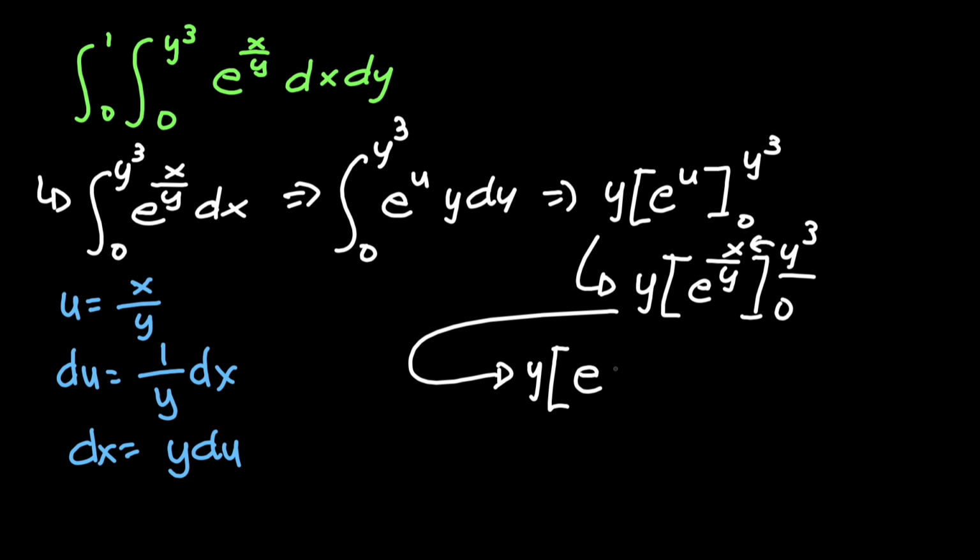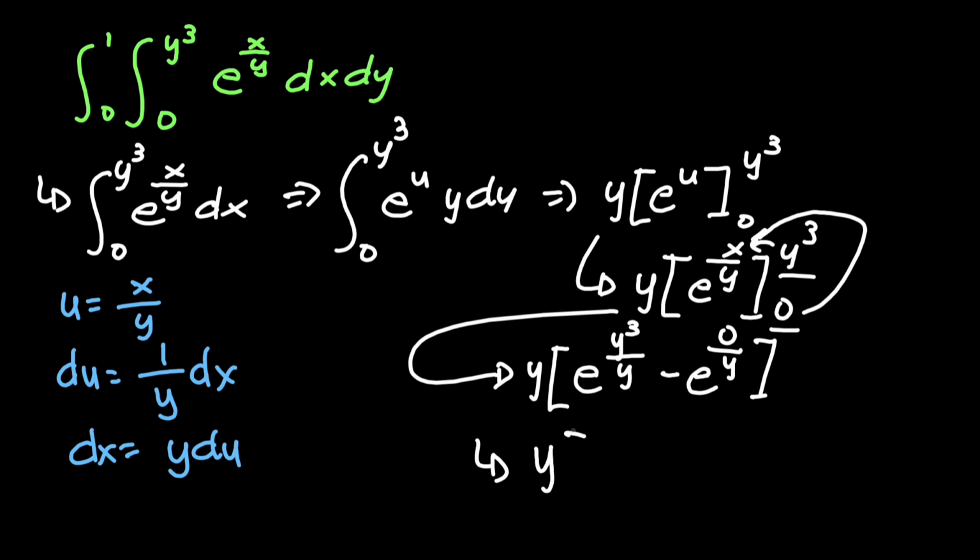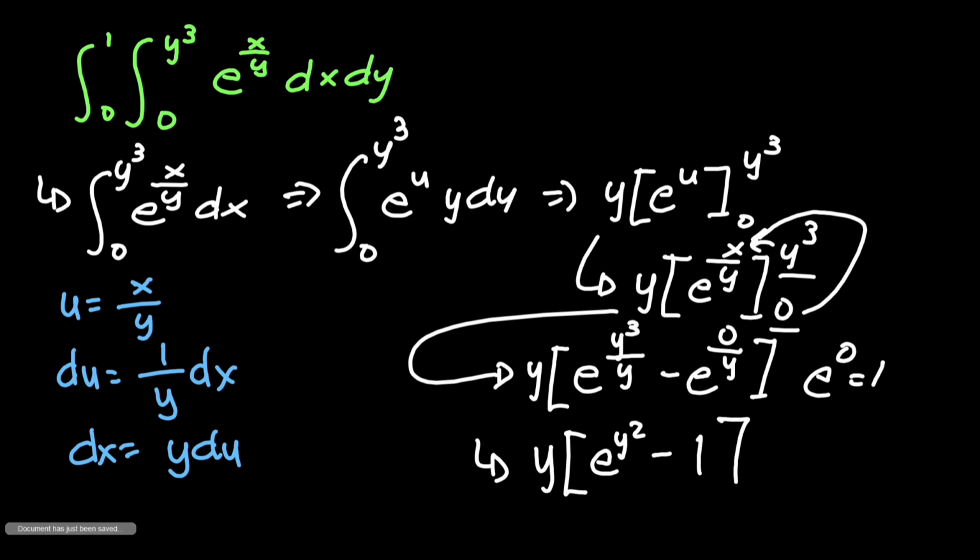So this would be e raised to the power of y cubed over y, subtracted by 0, putting the value in x. Wait, this should be y. And now, the answer right here would be e raised to the power of y squared minus e raised to the power of 0, which is simply 1.